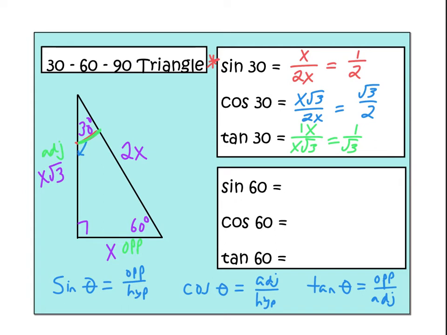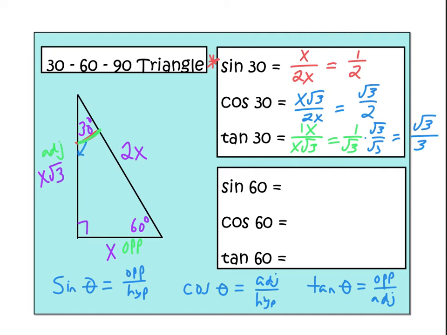We cannot leave an irrational number in the denominator, so the trick around that is to multiply top and bottom. This is called rationalizing it. We multiply top and bottom by root 3, and we end up with root 3 on top, and in the denominator, root 3 times root 3 is root 9, which is just regular old 3. So the tangent of 30 will be the square root of 3 over 3.